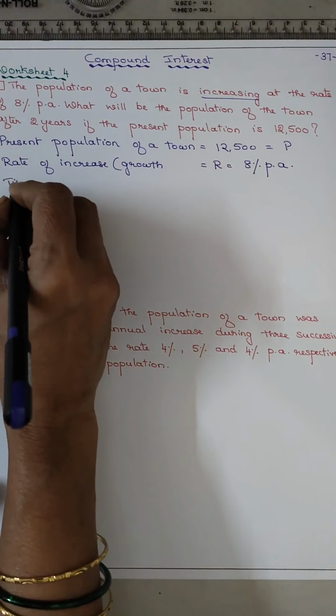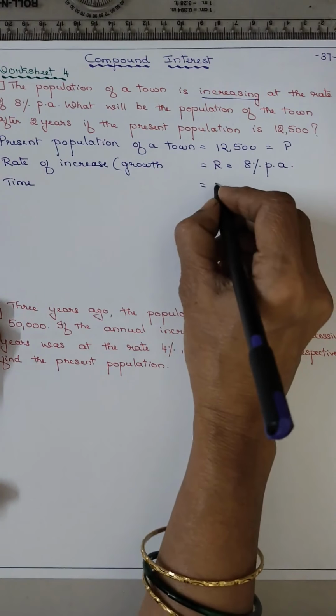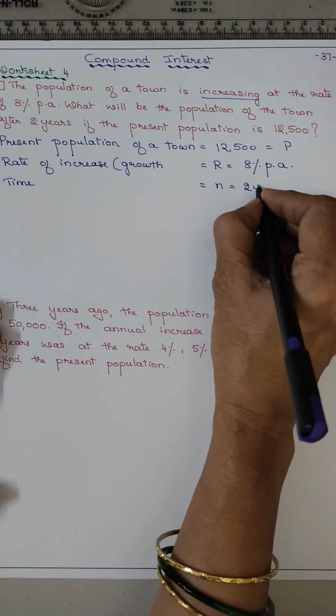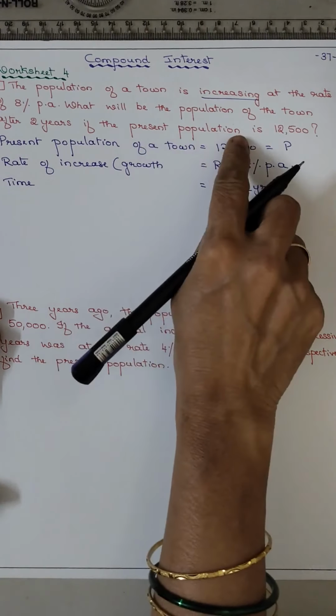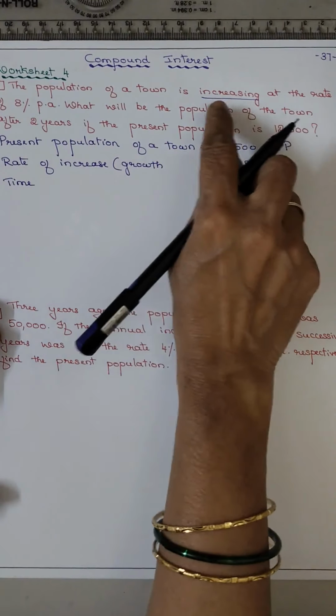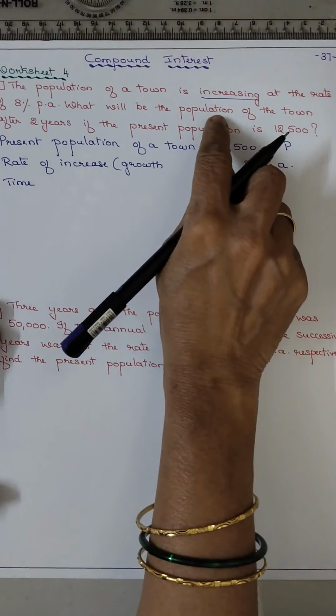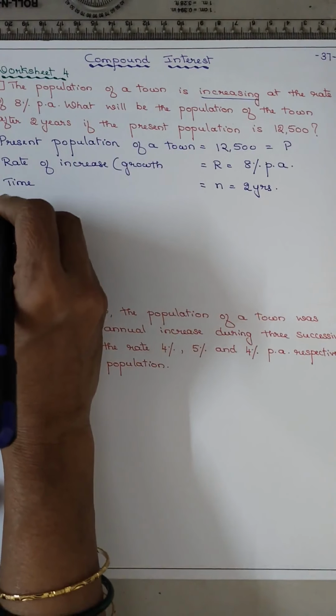Now time, how many years? N is equal to 2 years. Now they have asked, what will be the population of the town after 2 years?